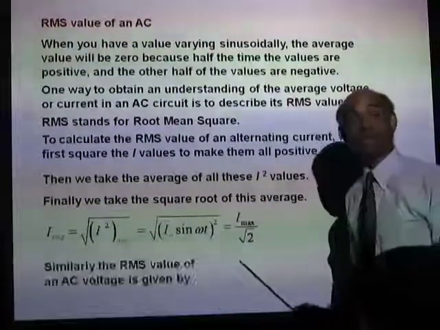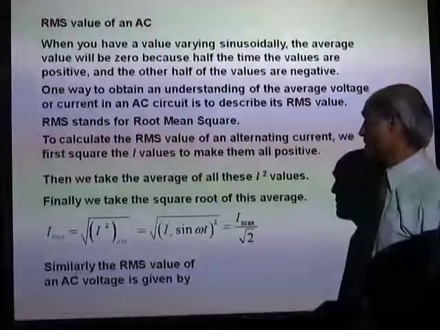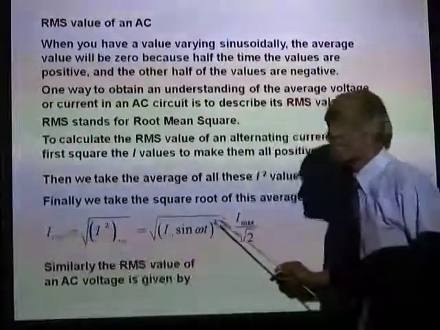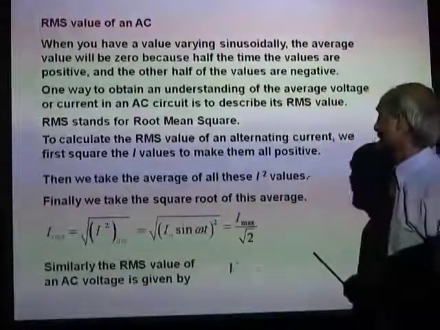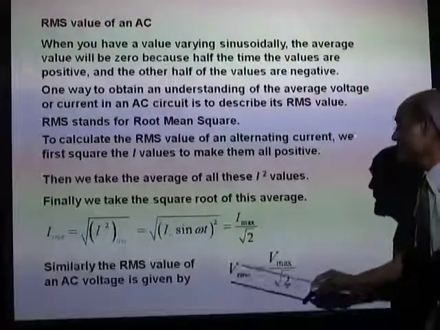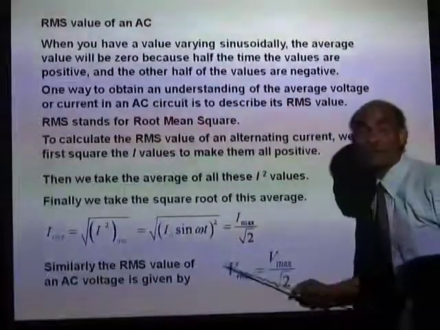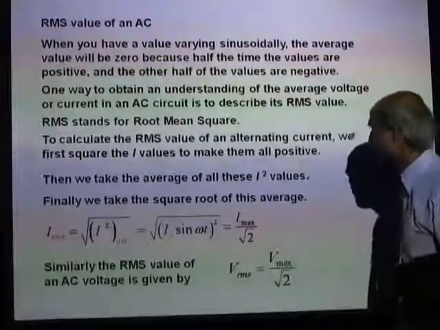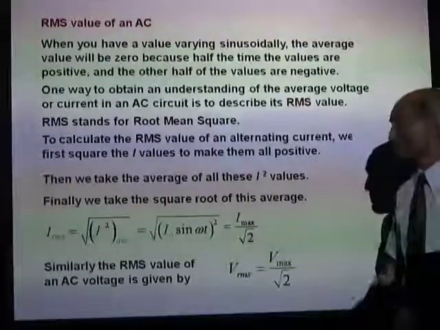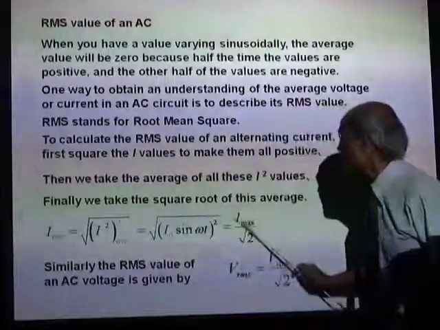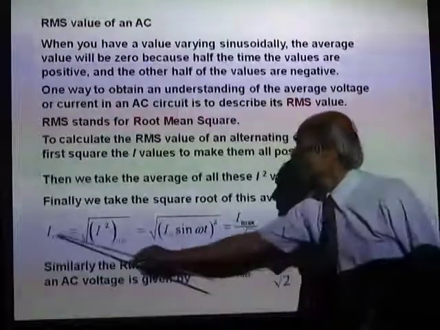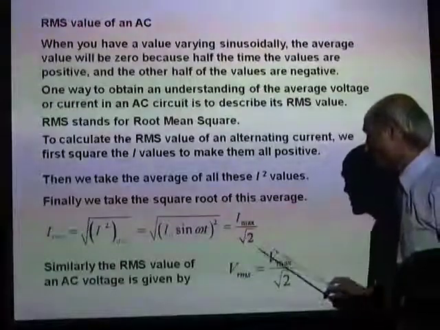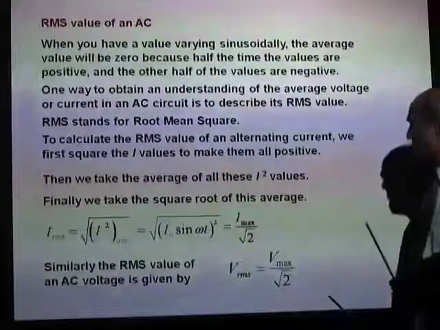In the same way, the EMF is also related as E RMS equal to E max divided by square root of 2. So V RMS, or the RMS value of the voltage, is V max, the maximum value of the voltage, divided by square root of 2. We will use these very often. That means I max equal to I RMS times square root 2, and V max is V RMS times square root 2.